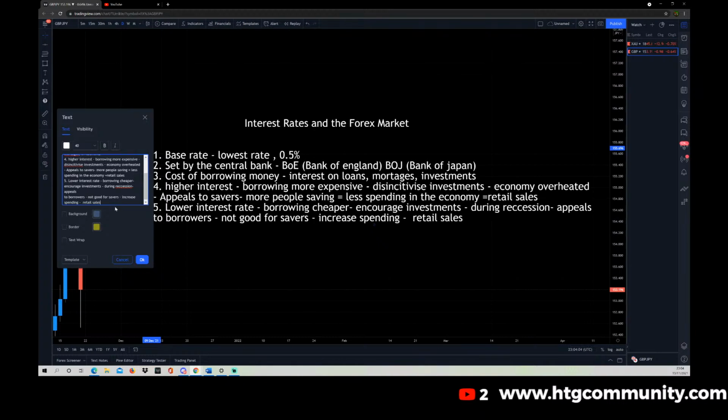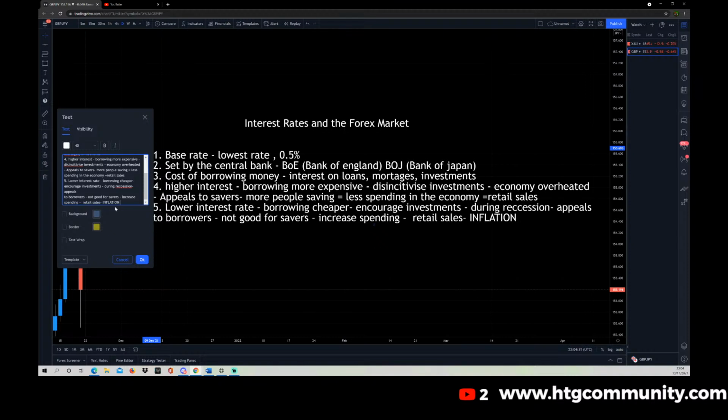And what else does it lead to? Big one here. Inflation. Key aspect. Why? Increased spending, right? Low interest rates. All these things link in, and how inflation can come into play. Okay, but that's obviously something else we're going to talk about.